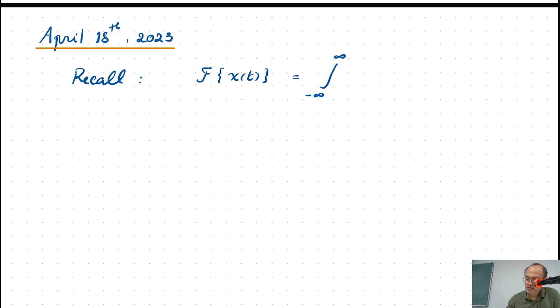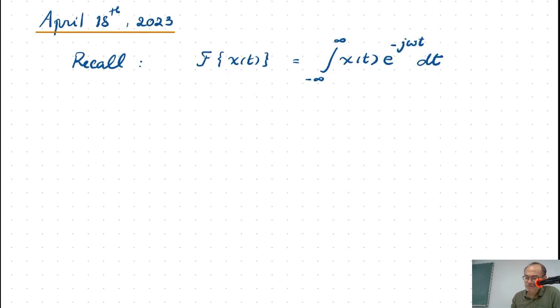The integrand is a product between the time signal itself and the complex exponential e to the minus j omega t, dt. Okay, this is the definition of the Fourier transform.